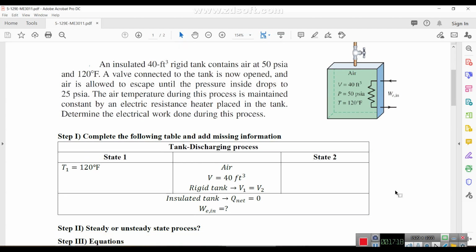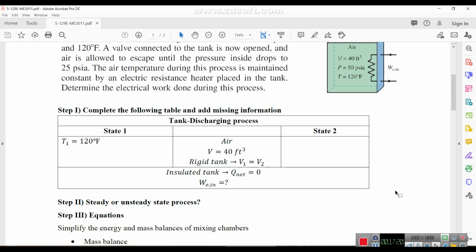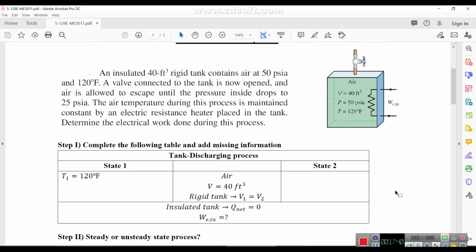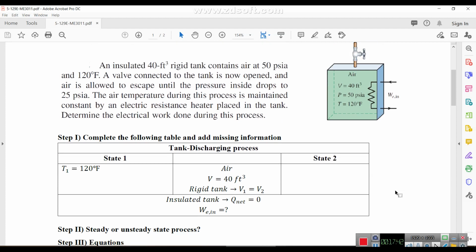Now as step 2, you need to answer this question: is it a steady flow process or an unsteady flow process? This is really important. Why? Because we have two different equations for steady flow processes and unsteady flow processes. So again, this is a tank during discharging process, and so this is an unsteady state process.